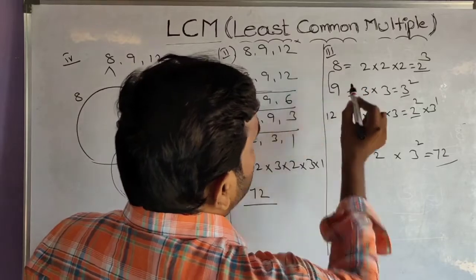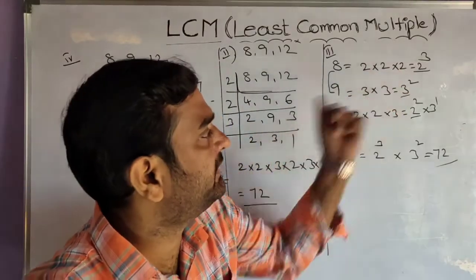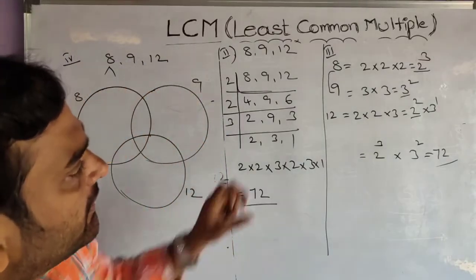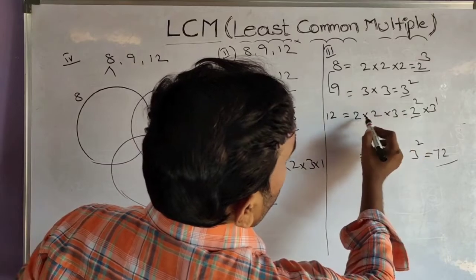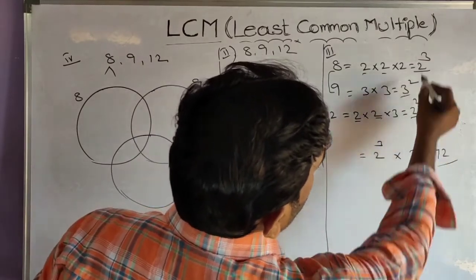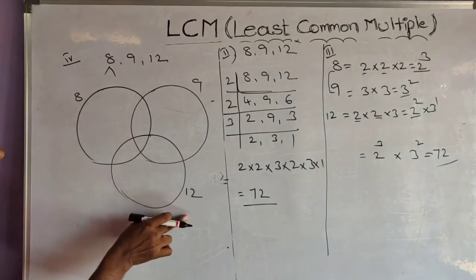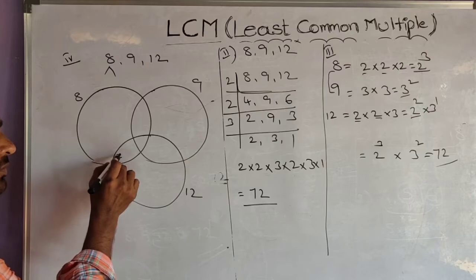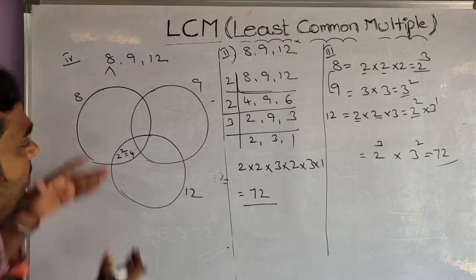Now listen, take 8, 9. Is there any common factors? 2, 2, 2. Here 3, 3. There is no common factors. Take 8 and 12. 2, 2. Another 2, 2. That means 2 square is the common for 8 and 12.